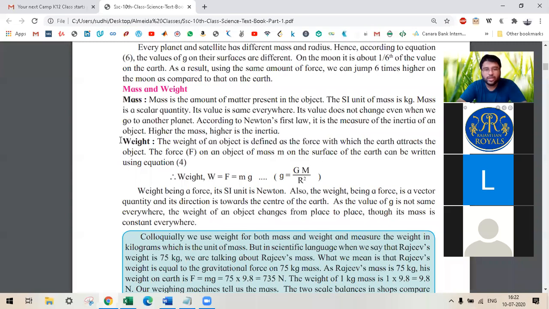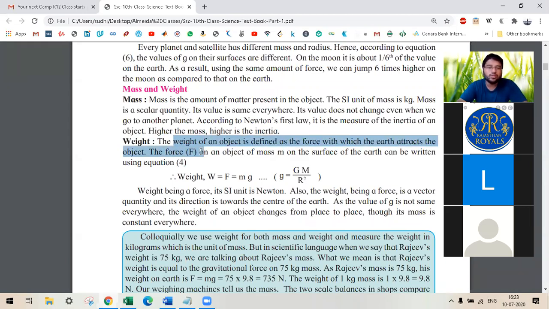And for weight, you have to write: weight of an object is defined as force. See, there is a difference. Mass is the amount of matter, but weight is the force. It is not the amount of matter. The weight of an object is defined as the force with which the earth attracts the object.